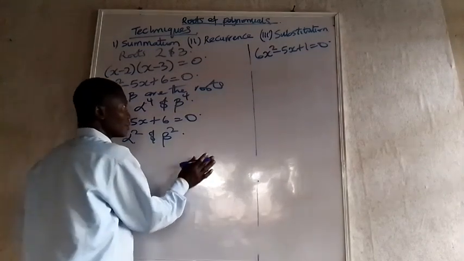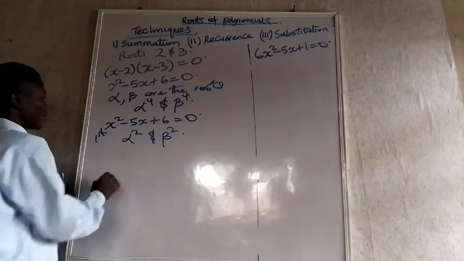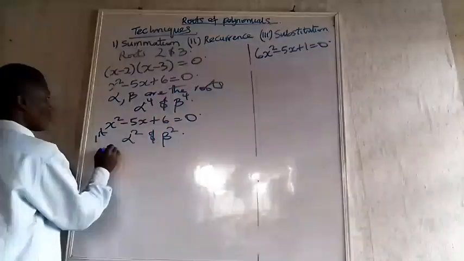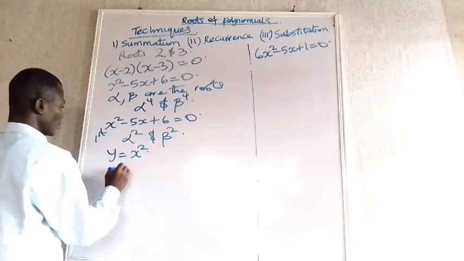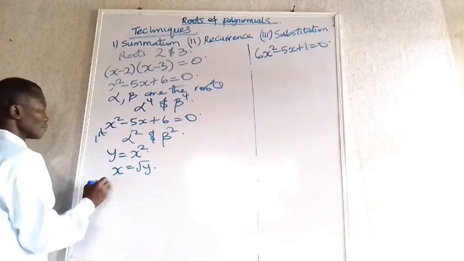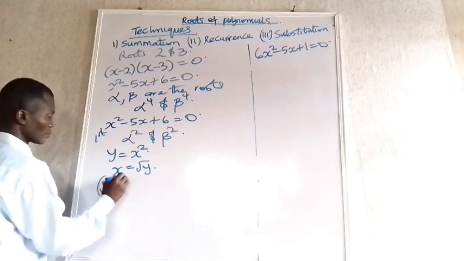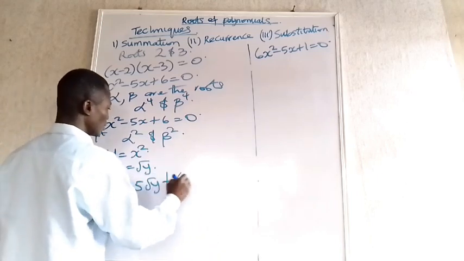Let's do substitution. I'm going to have y equals x squared. So x is equal to square root of y. And from there, I will have y minus 5 root y plus 6 equals 0.